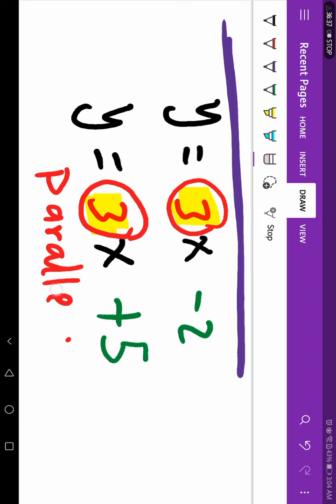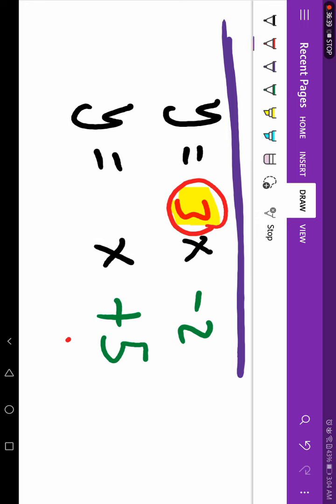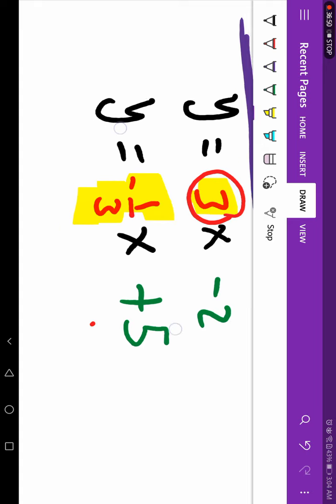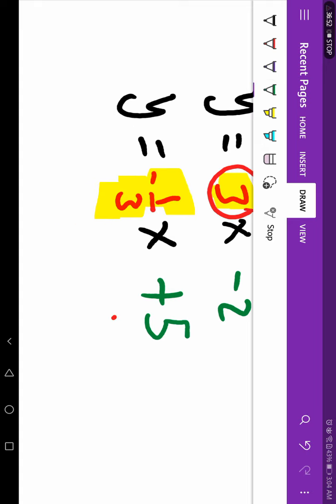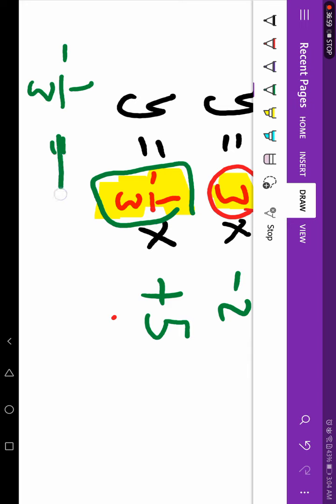Now, if you have something like this, don't say they are parallel or neither. You have to check one of the slopes. For example, take this and find the opposite reciprocal. It will be negative 3.